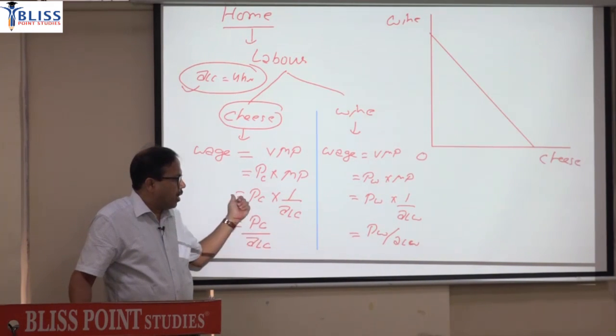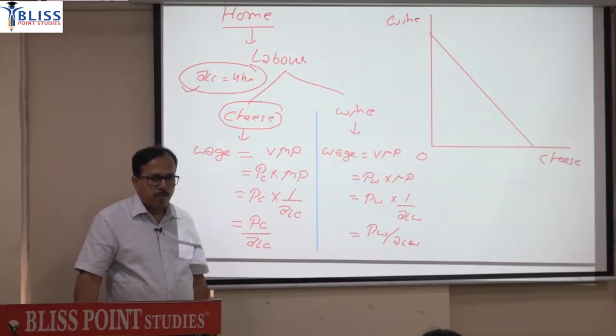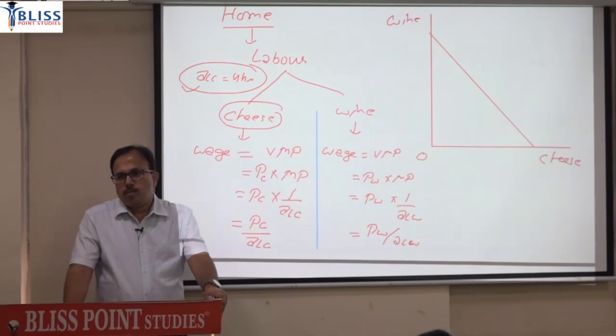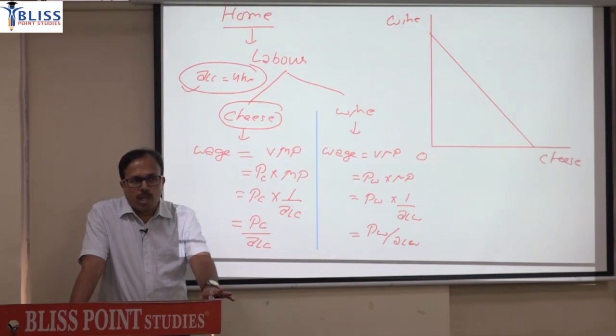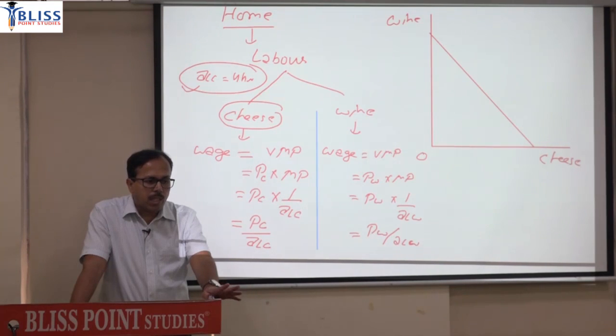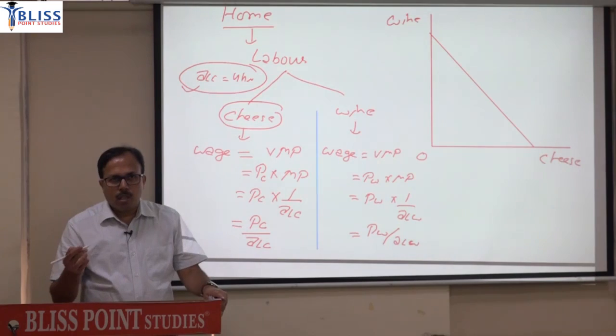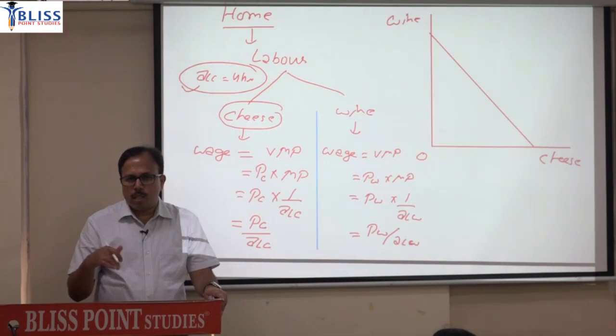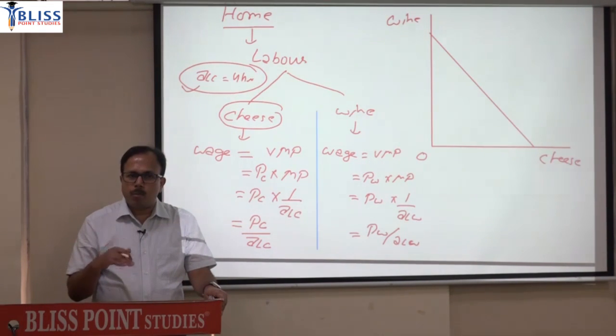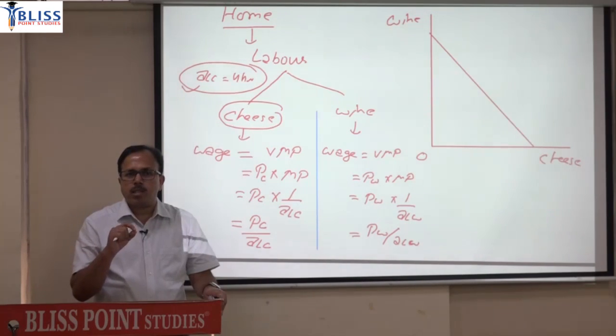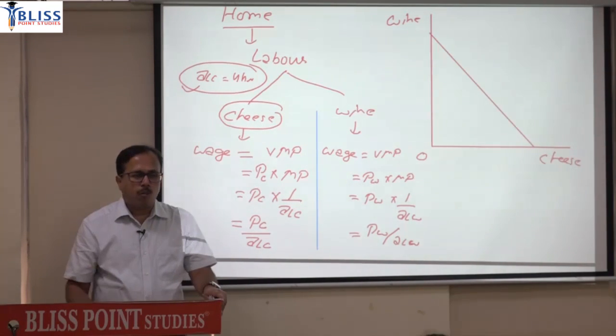This is wage in cheese, this is wage in wine. Okay? You have determined the wage in the cheese sector and the wage in the wine sector. This follows the assumption that we are studying the old theory. Old theory assumes perfect competition, and under perfect competition a worker's wage is equal to VMP.